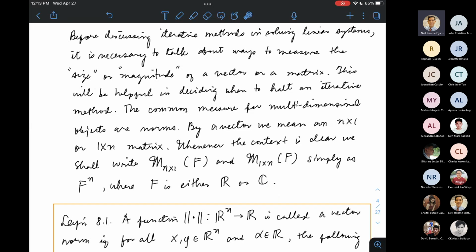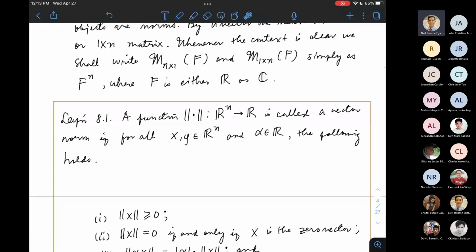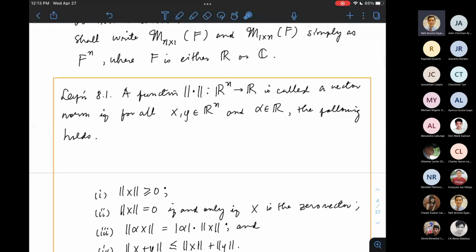So when I say vector, siya lamang ay isang n by 1 o isang 1 by n matrix na ang laman niya ay mga real numbers or complex numbers. Okay? Then we define what a vector norm is in definition 8.1. So yung function na to, yung parang norm bar or double absolute value bars, right? It's a function that takes a vector in R^n, okay?